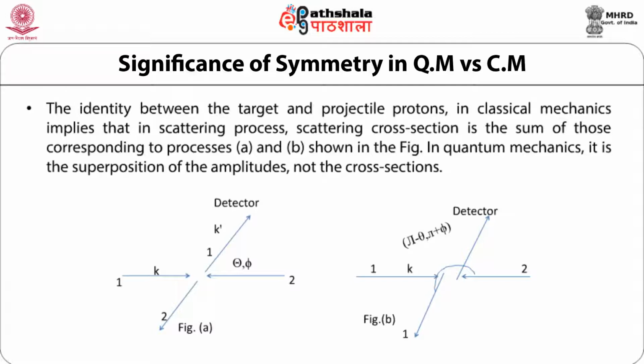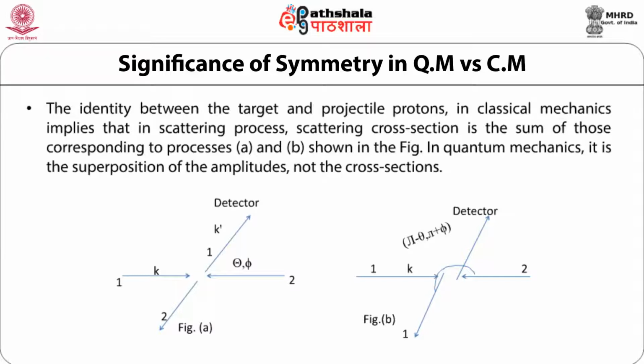Now in case of classical mechanics, if you want to find out the total scattering cross section, then it is the sum of the scattering cross sections determined by these two processes, wherein in one case the detector detects the projectile proton, while in the other case the detector detects the target proton.